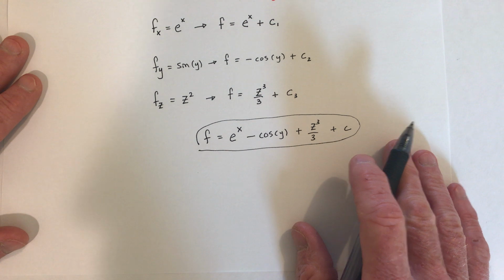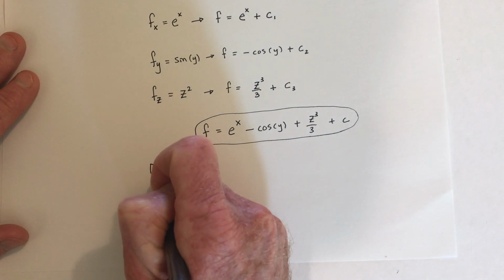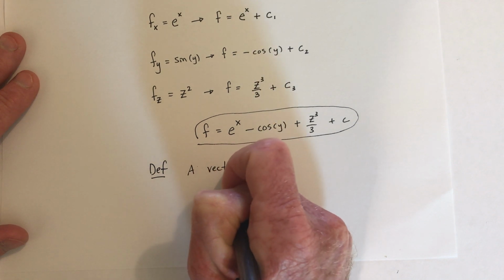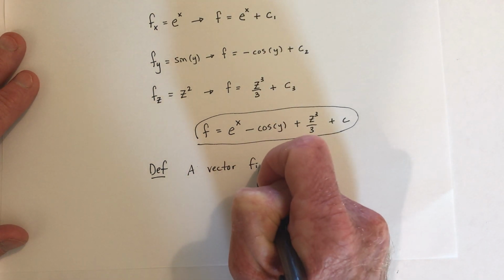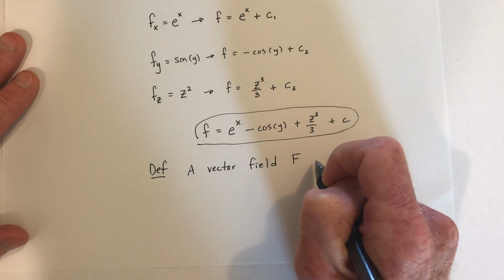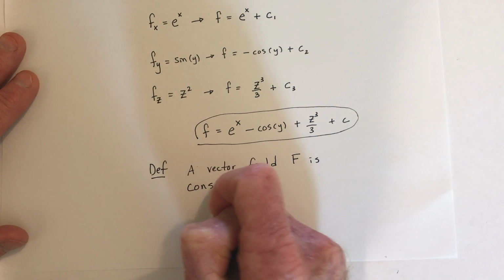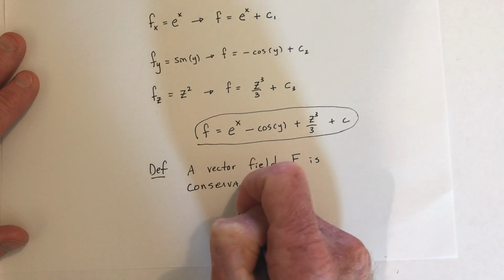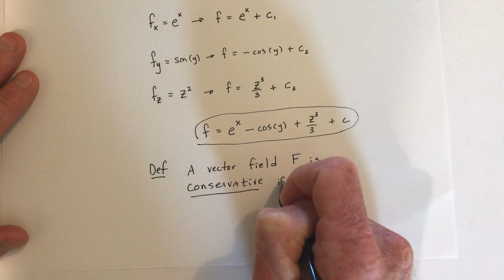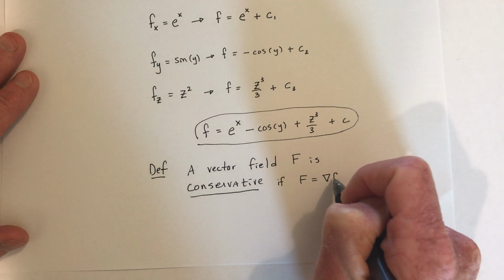Now that idea is so important that it even has its own definition. So a vector field, in general we call that capital F, is conservative if capital F is equal to the gradient of some function.